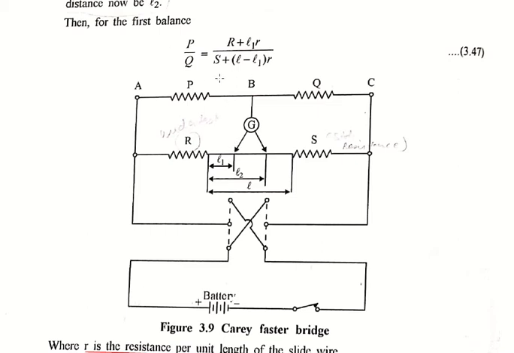We have seen this kind of equation in the Wheatstone bridge where P by Q equals R by S. Here we are only adjusting with the additional resistance along with R and S. Now in the second condition, we interchange R and S and again obtain the balance point by sliding from the left hand side, and we get a point at L2.